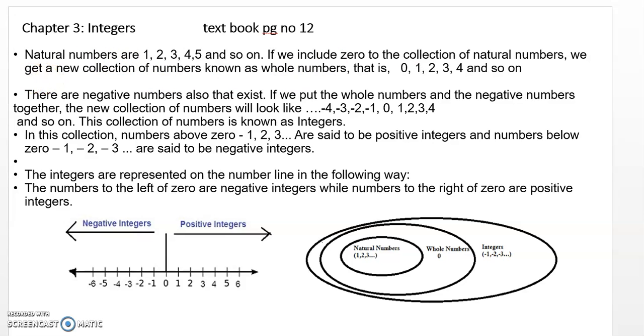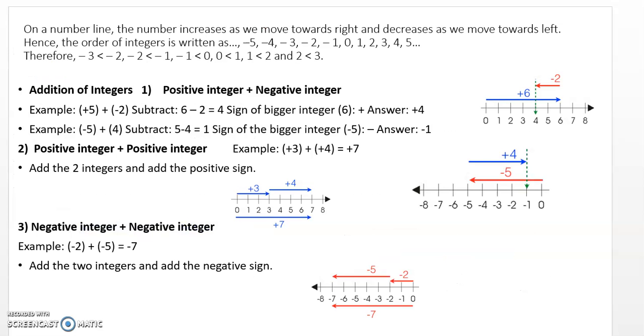Okay, now we'll move to the next topic, that is the number line. The number increases as we move towards the right. Suppose this is a number line, and 0 is given, so towards the right the numbers are positive and increase. And the numbers decrease as we move towards the left. Now we are moving towards the left of 0, so the number decreases.